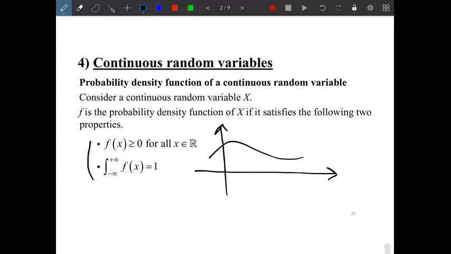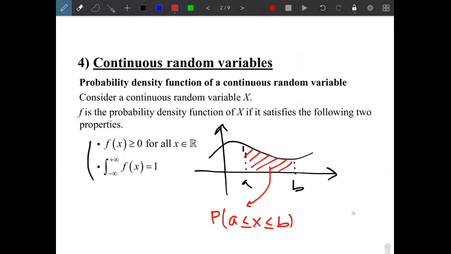If we consider this for x equal to a and this for x equal to b, the area under the curve between a and b is in fact the probability of x being between a and b. For a continuous random variable, the interval around a and b does not really have to be closed or open. Whether it's smaller than b or smaller or equal to b, whenever we're dealing with continuous random variables, it's exactly the same thing. It doesn't make a difference, unlike discrete random variables.